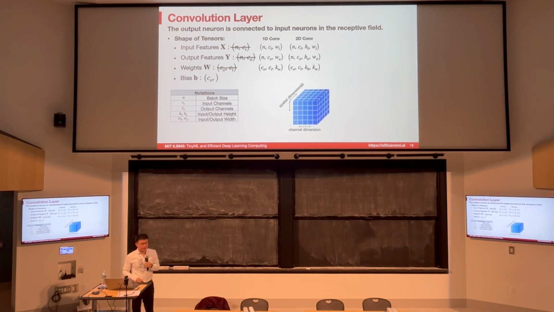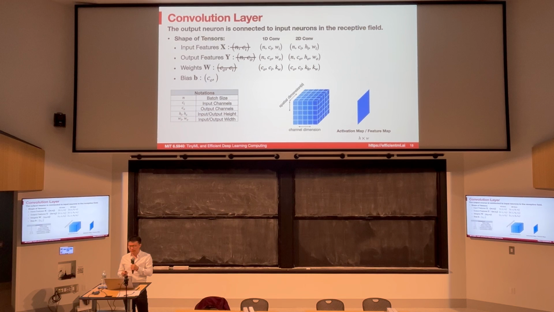And now let's generalize that to two-dimensional convolution, 2D conv. As we can see, we added another dimension. It's 2D convolution, but it looks like the feature map is 3-dimensional. That's because for each XY location, we have a channel dimension. So for 2D convolution, the feature map is actually 3D.